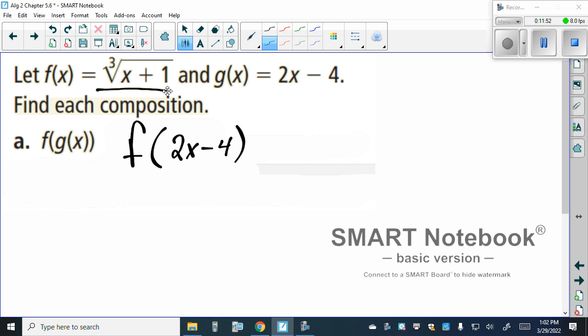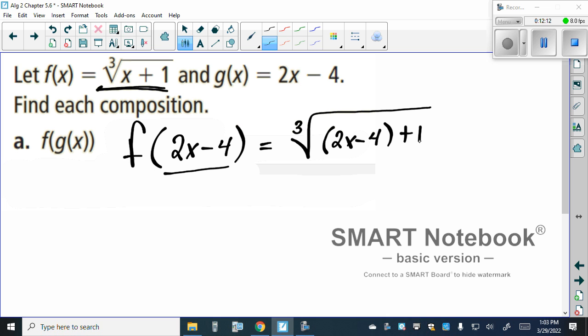So every place there's an x in our f of x function, we're replacing it with 2x minus 4. Questions on this here? No? Okay. Well, this is just going to give us the cubed root of 2x minus 4 plus 1. Any questions on how we got to this point?